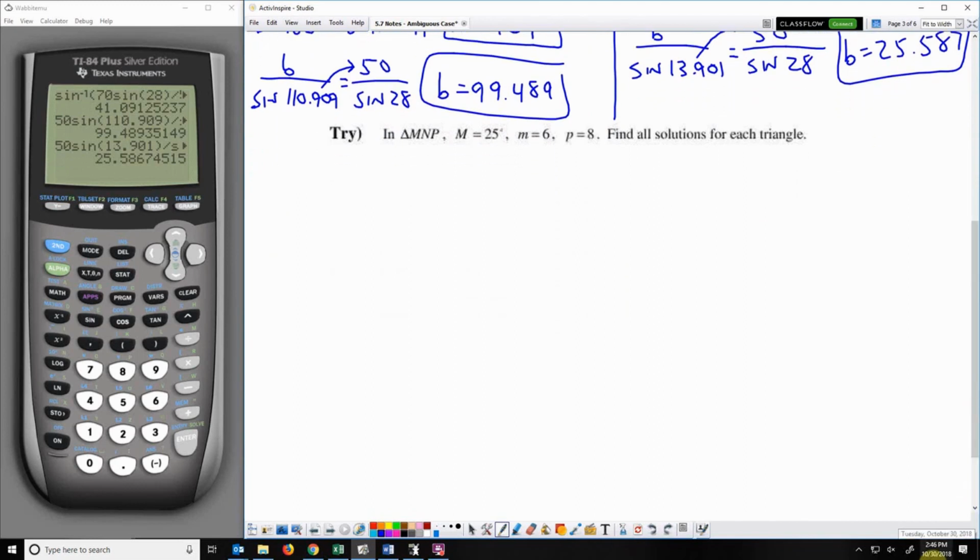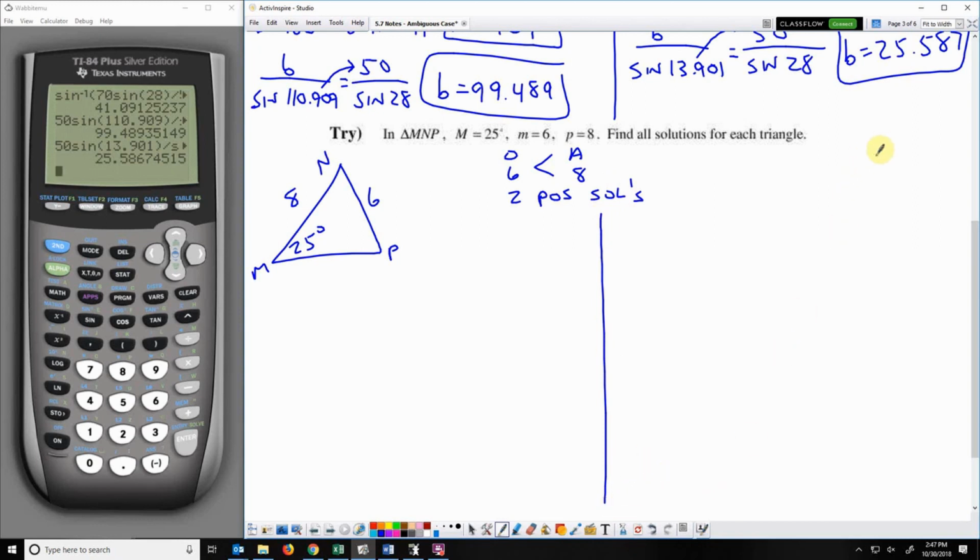All right, triangle MNP. M is 25 degrees. Side M is 6, and side P is 8. So we compare opposite to adjacent, and that is 6 compared to 8. Opposite is less than adjacent, which means, again, we have two possible solutions.